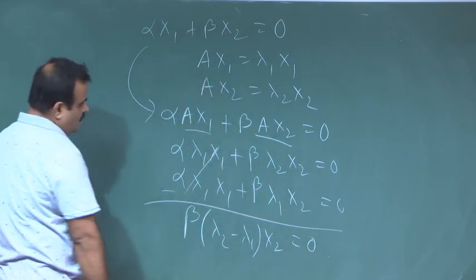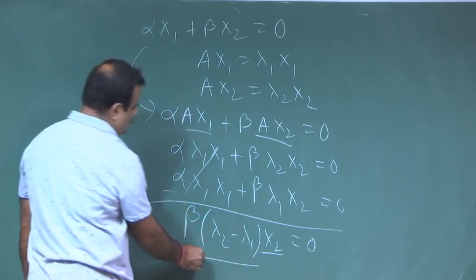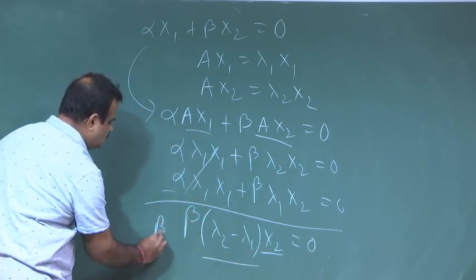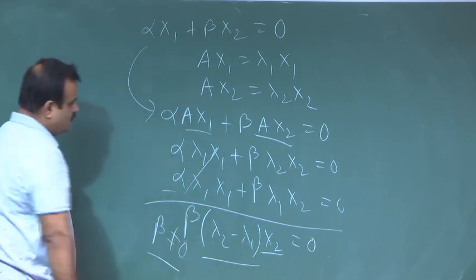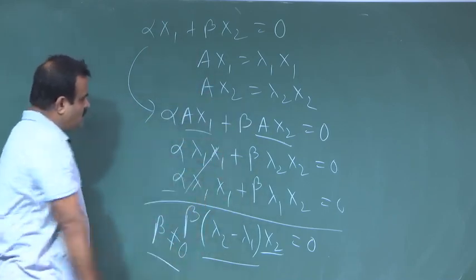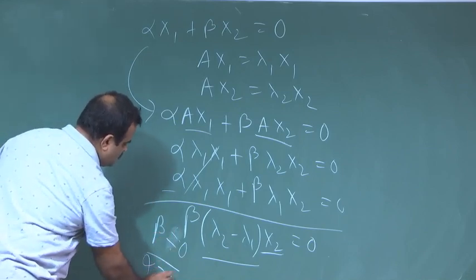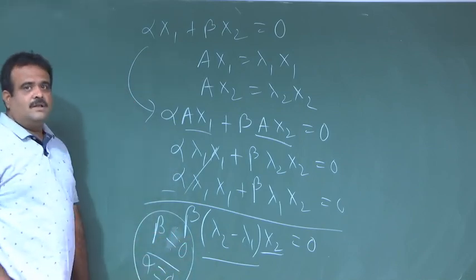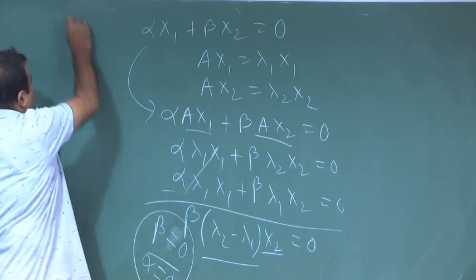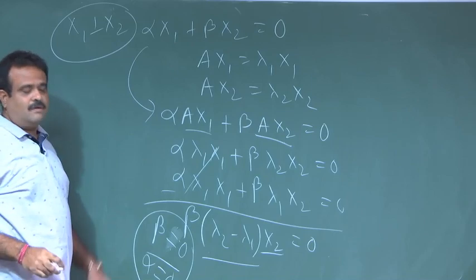But here none of them are 0: x 2 is a non-zero vector and the eigenvalues are distinct, we assume. So this gives beta equal to 0. Similarly, if we multiply with lambda 2 and subtract, we will get alpha equal to 0. So that means x 1 and x 2 are a linearly independent set of vectors.